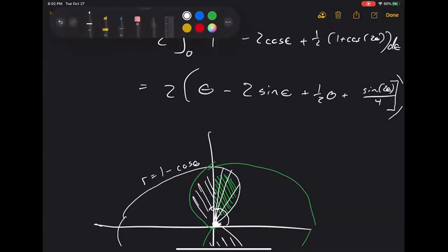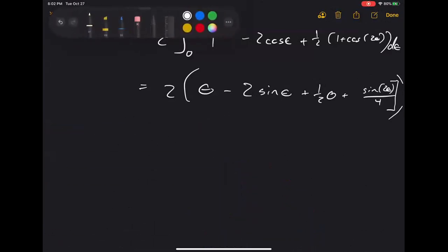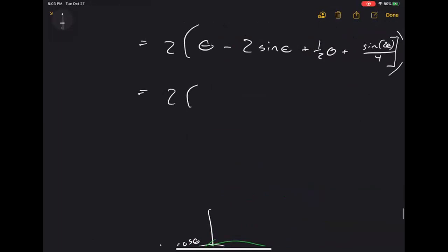Plug in my bounds, and those go from what we said, 0 to pi over 2.